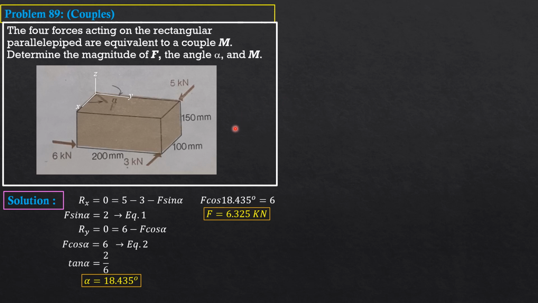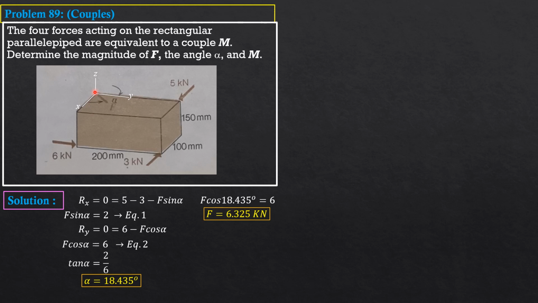The next is the magnitude of the moment. So let's use the right thumb rule and scalar approach. For the moment about x, your right thumb is here, so the curling of the four fingers is in this sense. So this is the positive sense of moment about x. So 6 will produce positive moment about x. It is 6 times this distance, which is 0.15, and the rest are 0. The moment of F is also 0 because it crosses the x-axis.